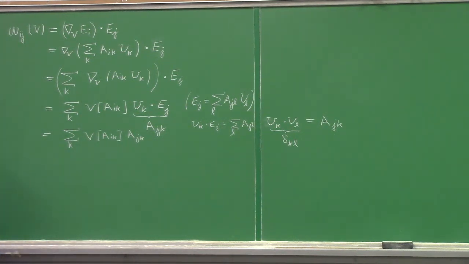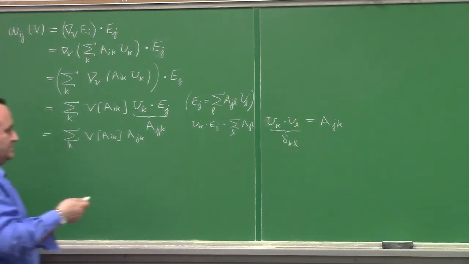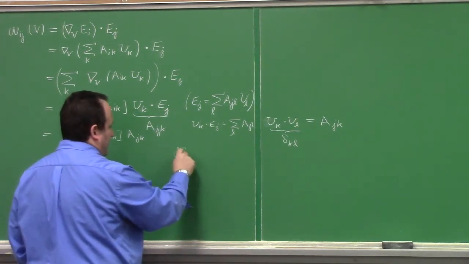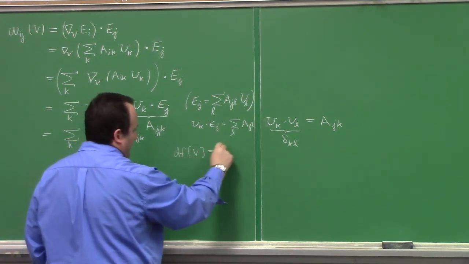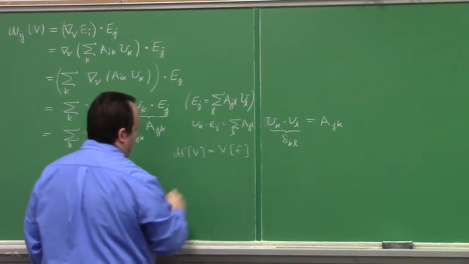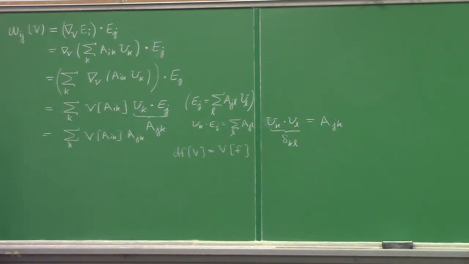Now, one of the other fundamental things we need to know, just a reminder: df acting on v, what is it? That's v acting on f, right? This is how the differential of a function on a vector field works.